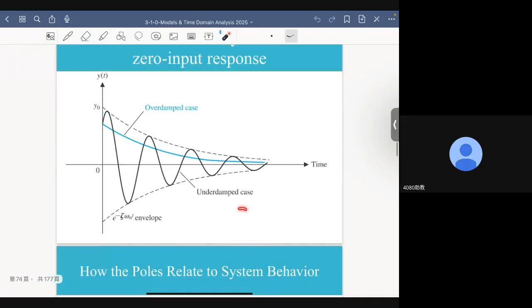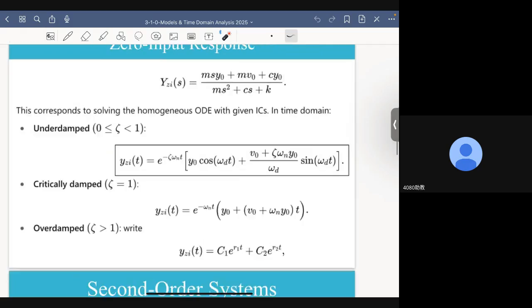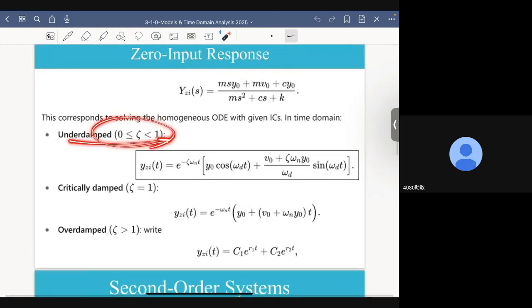But for the underdamped case, which correlates to the value of eta between 0 and 1, the zero input response now looks like this.